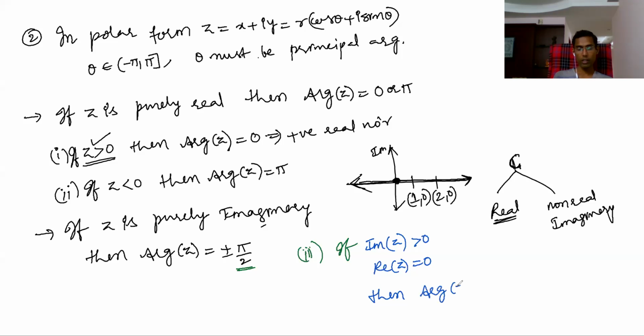The argument of z is pi by 2. Okay, the imaginary part of z is positive and the real part of z is 0. That is purely imaginary having a positive imaginary part, so pi by 2. Otherwise it is minus pi by 2.